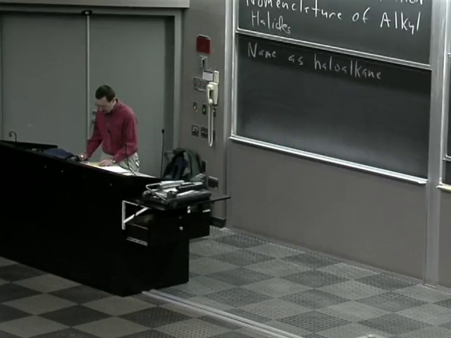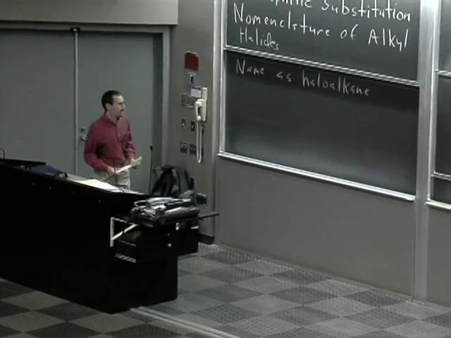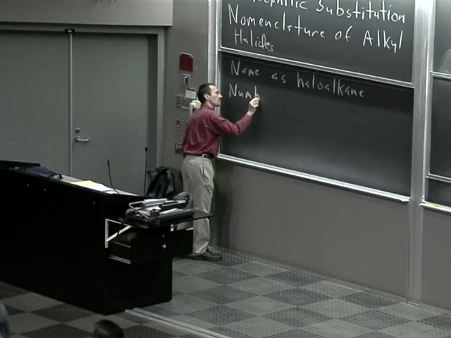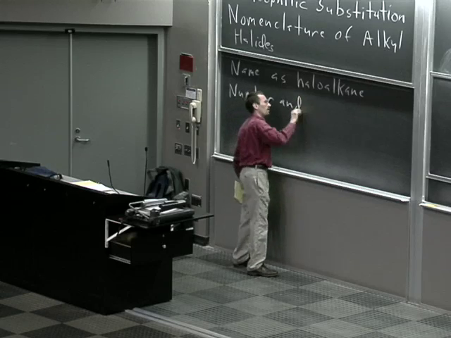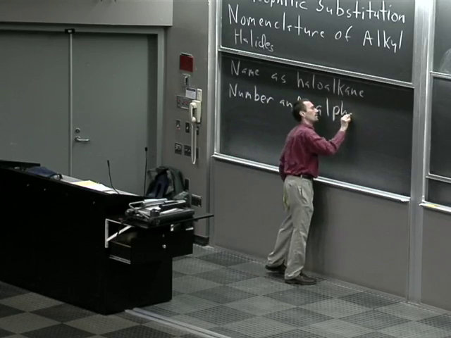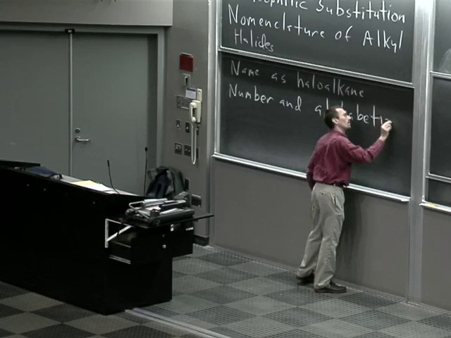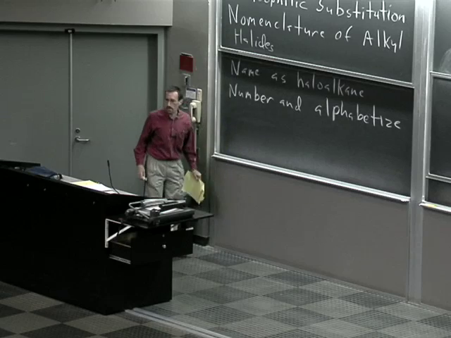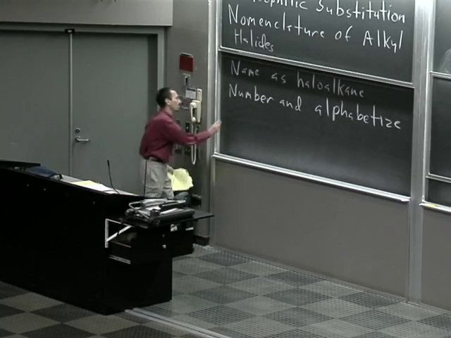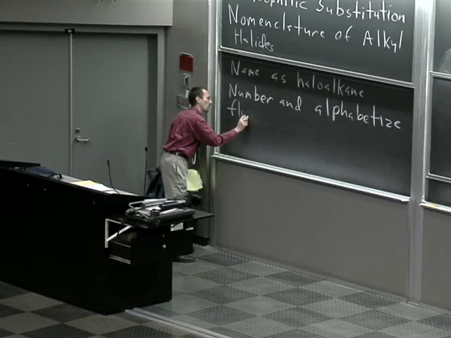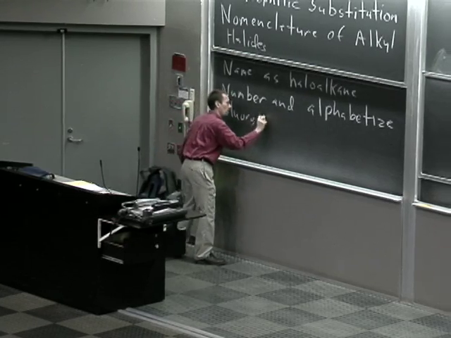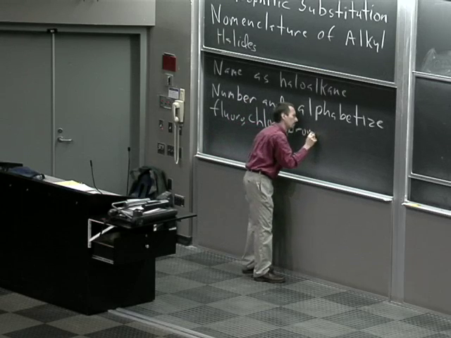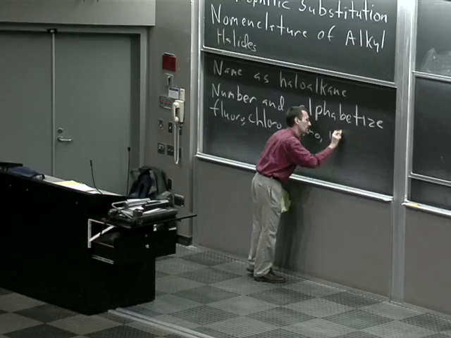So you're going to name them as the haloalkane. You'll number and alphabetize the substituents. So you're going to number and alphabetize, and of course you'll be alphabetizing under fluoro, chloro, bromo, iodo.